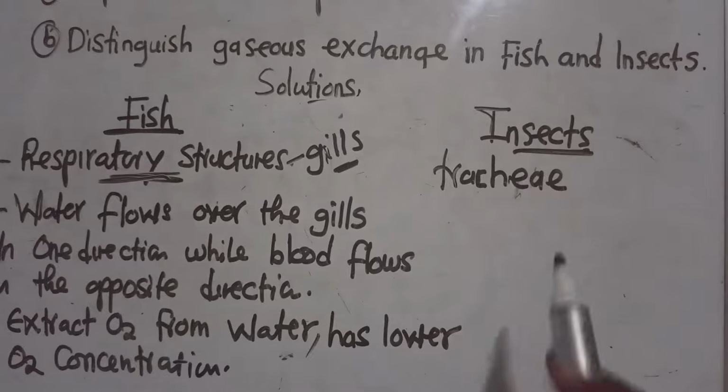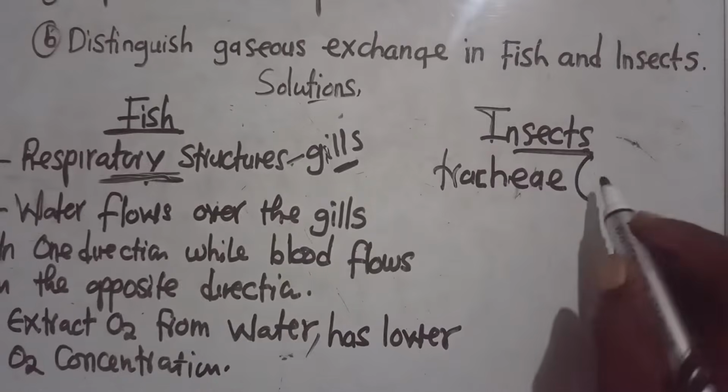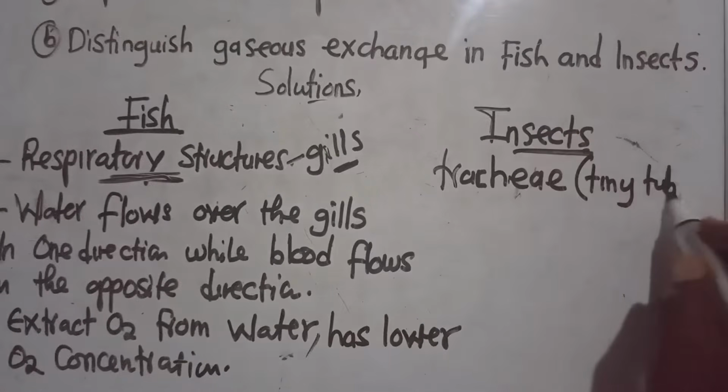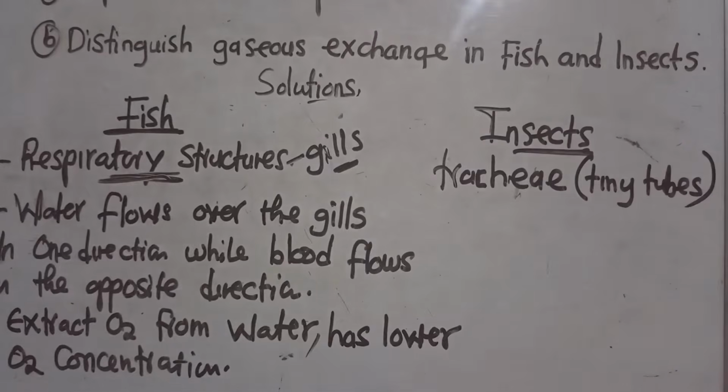These are what we call tiny tubes. That's a network they use, so that it delivers oxygen directly to tissues.